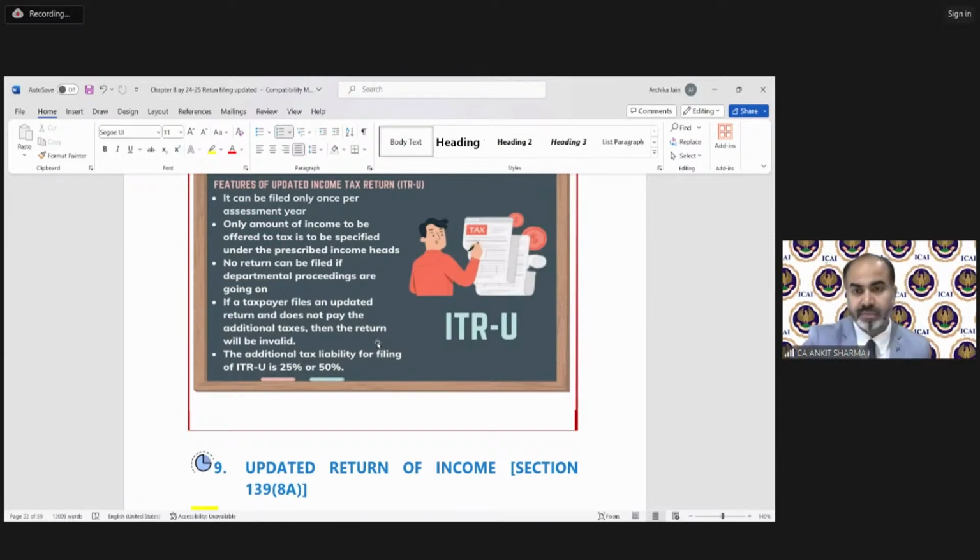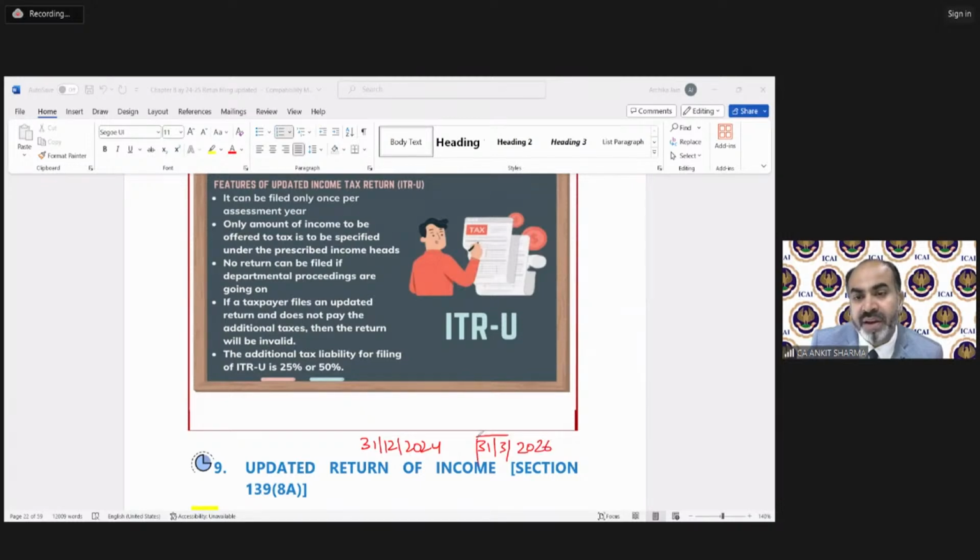That means the last date for filing is 31st of December 2024, but an updated return can be filed up to 31st March 2026.